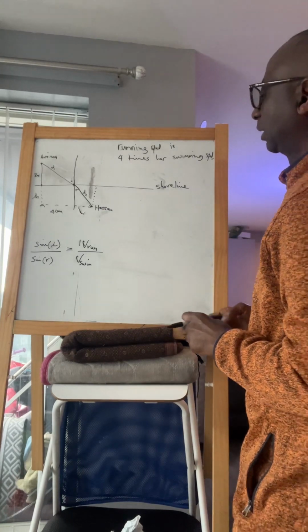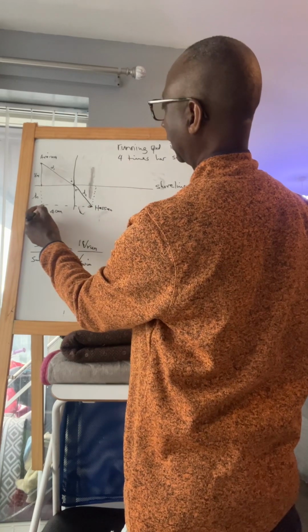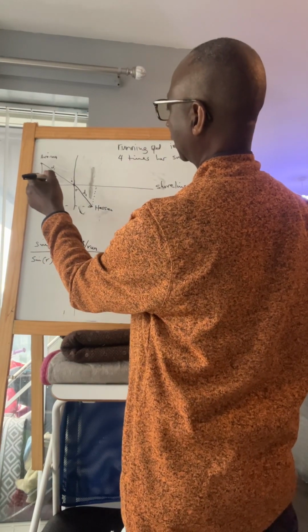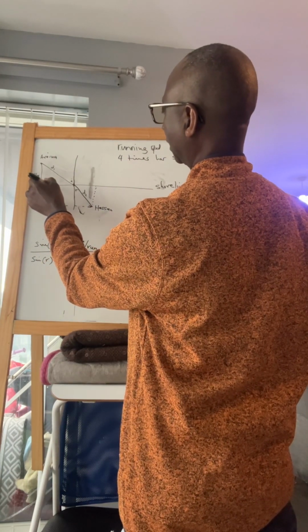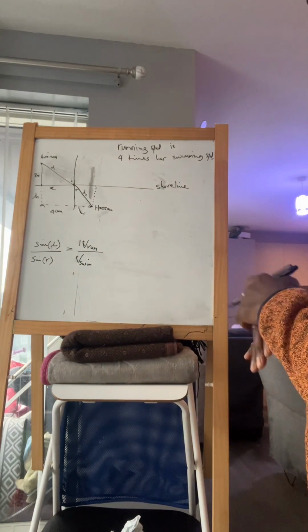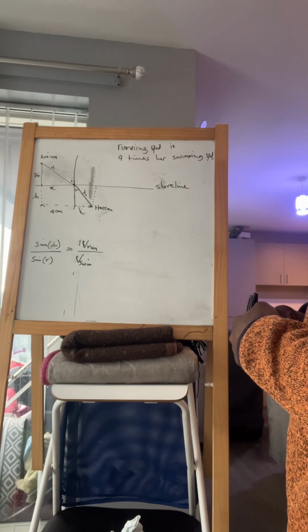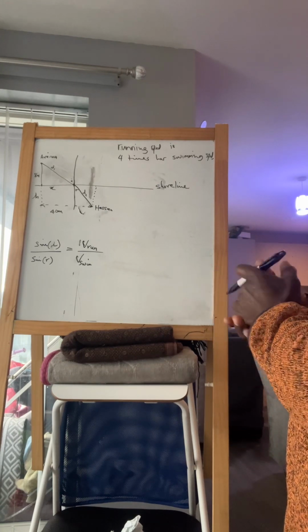So from here to here, let's say this is X. So that distance is X. Fine. So where do we go from here?